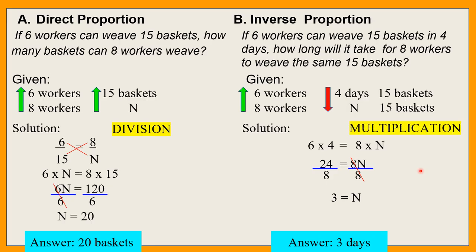So, this is division. This is multiplication. Yun yung kaibahan ng dalawa. Kasi 6 over 15, nagde-divide ka niyan eh. Fraction denotes division. And then dito, dumiretso ka na ng multiplication. So, dito, 6 divided by 15, 6 times 4.